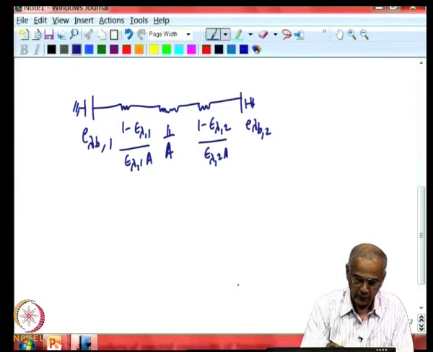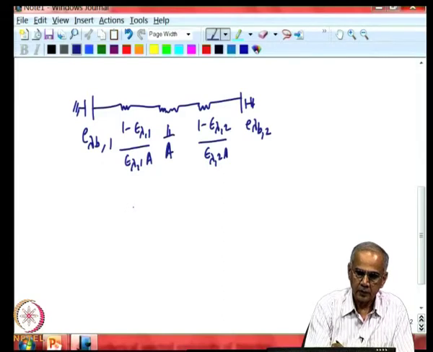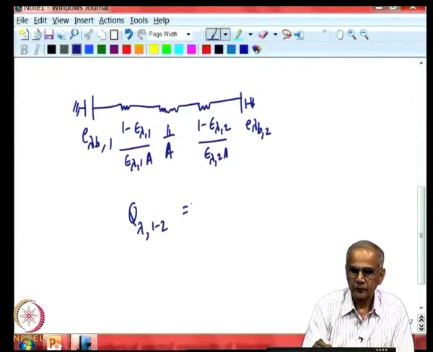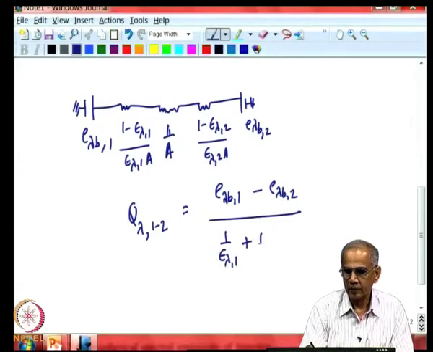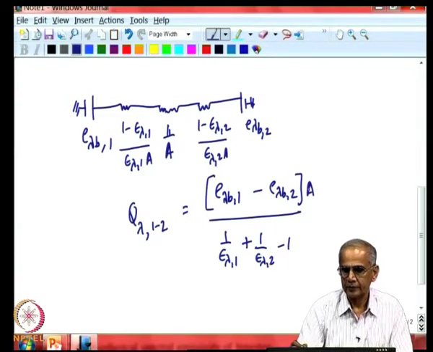So, this expression can be written as the heat transfer in the range lambda to lambda plus d lambda from 1 to 2 as E lambda b 1 minus E lambda b 2 divided by 1 by epsilon lambda 1 plus 1 by epsilon lambda 2 minus 1, of course, into the area of the plates.